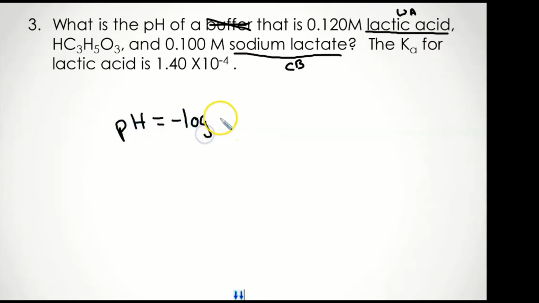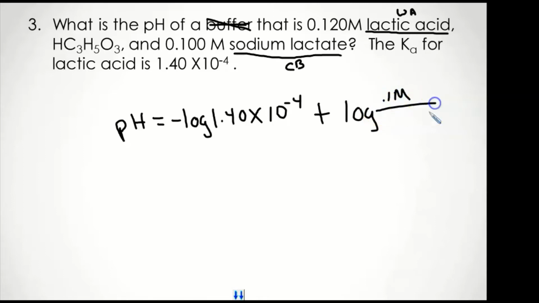Negative log of 1.40 times 10 to the negative 4 plus the log, now go to the side, base is on top, doesn't matter if it's a true base or a conjugate base, always base on top. So this is the equation: always base over acid, always negative log of Ka. So negative log of Ka, base on top, and the base is 0.1, and the acid is 0.12.